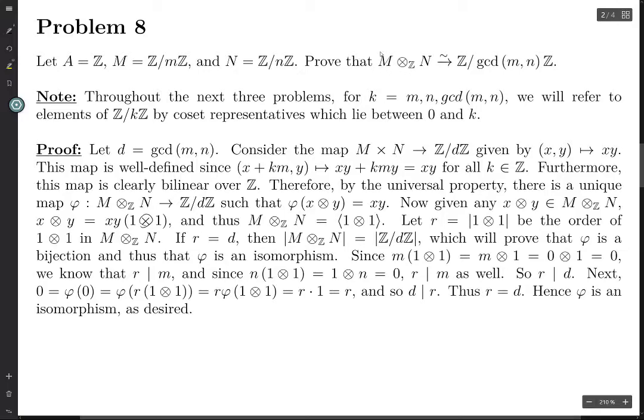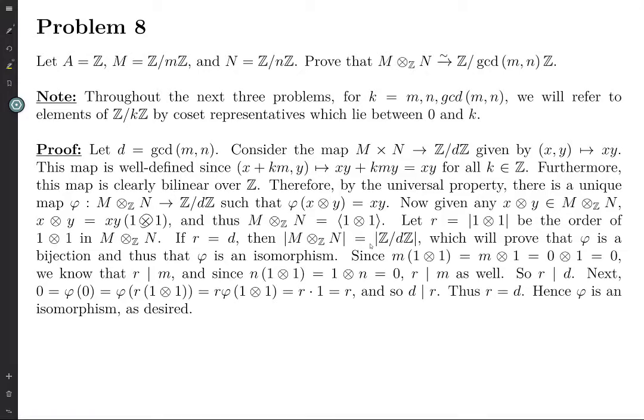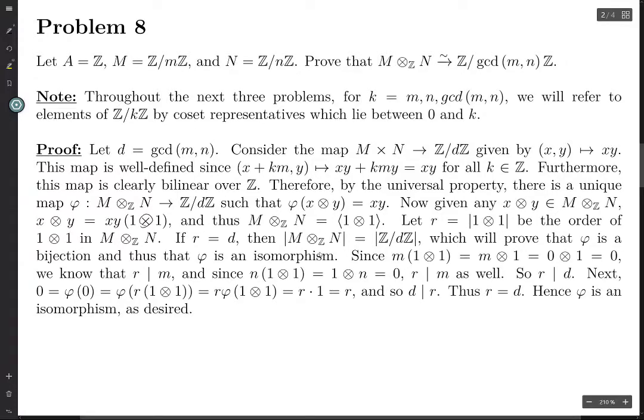But you've sort of got bilinearity built into this, so I think this is just linearity. So we know that phi is a linear map, and that makes sense because in Z mod DZ there's no bilinearity, so it doesn't make sense for there to be any bilinearity here. Okay, so we know that phi is a linear map, and if it's bijective, then it's an isomorphism.